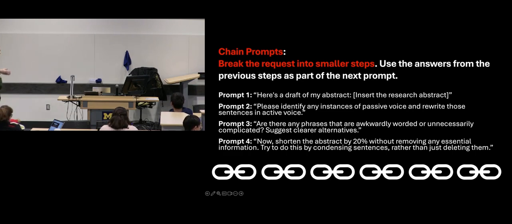They sort of will run off based off their string of tokens, and if you are chaining your prompts together, you are able to insert your own thoughts into the thought process of the model and generate better responses that way. So, here's a draft of my abstract, identify instances of the passive voice, are there any phrases or words that are awkward? So you just sort of go step by step rather than asking it to do all of this at once.